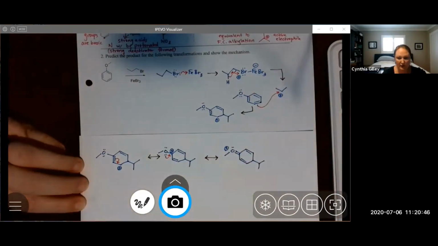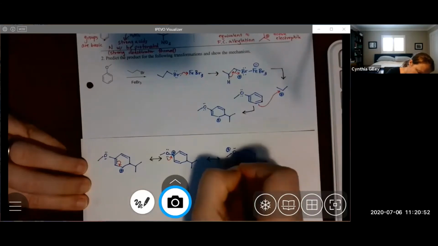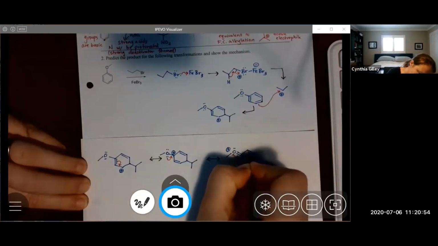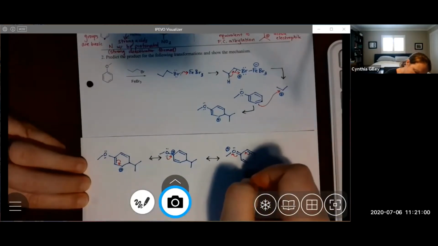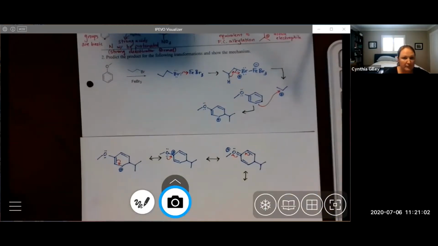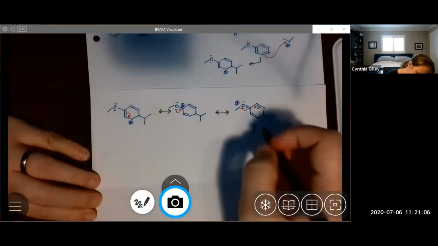So now we're at the third contributor, and we even have one more contributor. Move electrons back to the oxygen and shift that pi bond over simultaneously to get the fourth contributor.